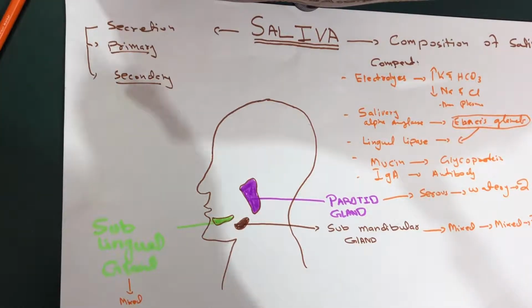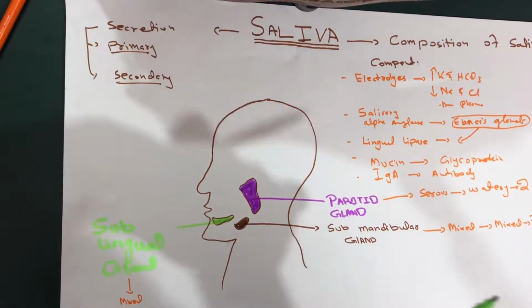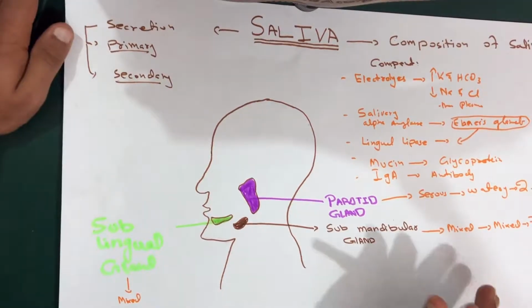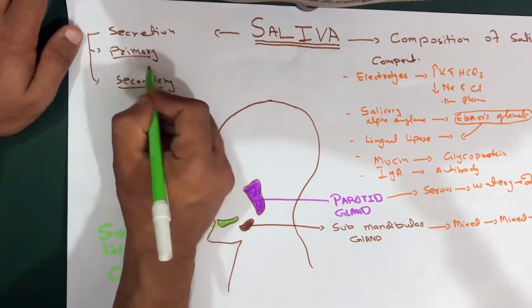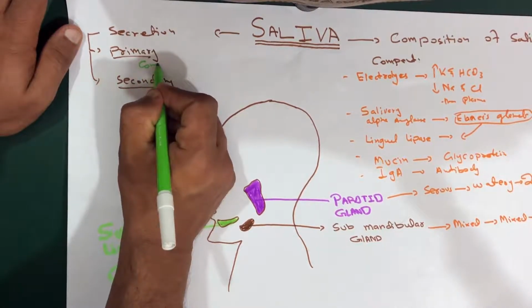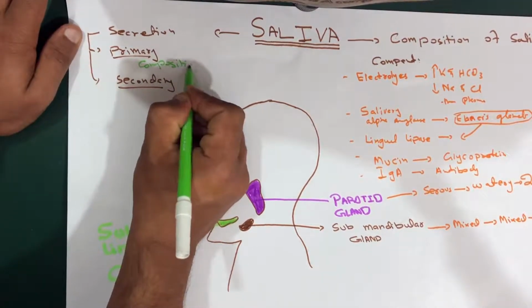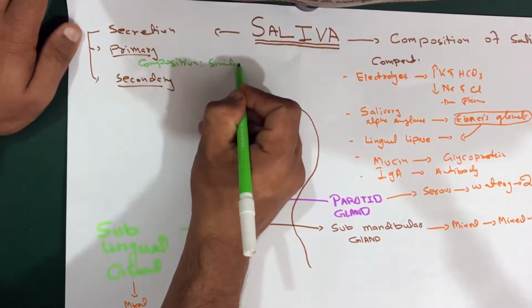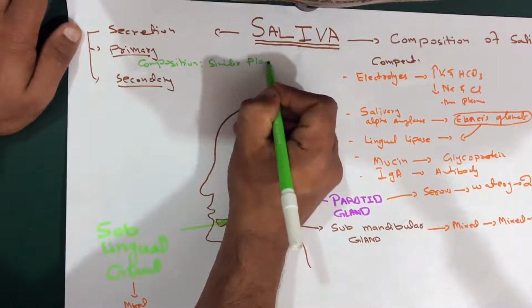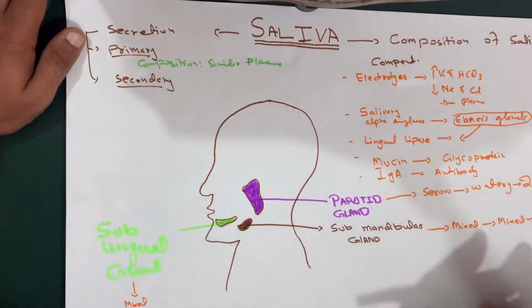Acini are cells which secrete the saliva, and its composition is similar to the plasma. That's why it is called the primary saliva.